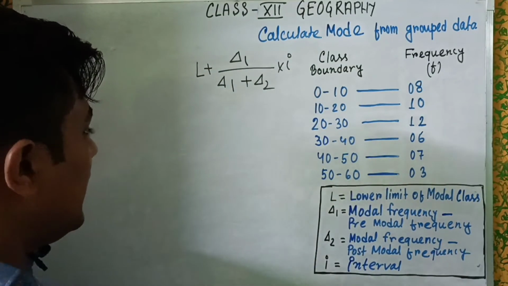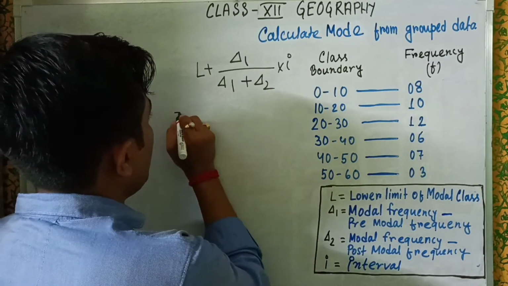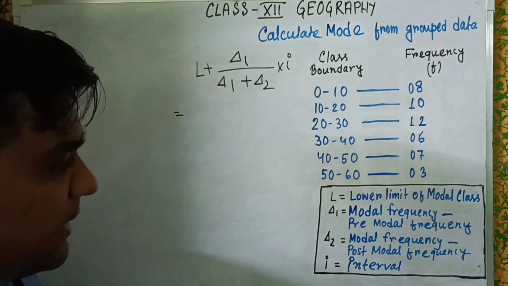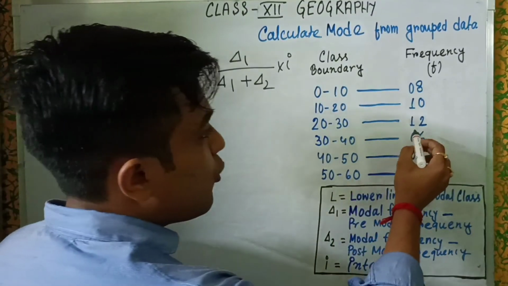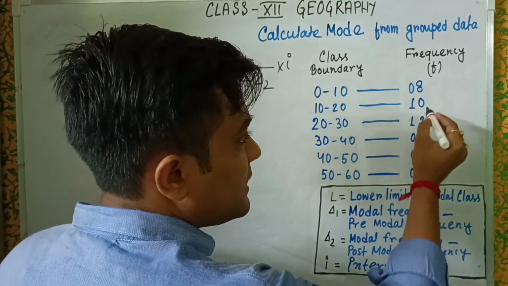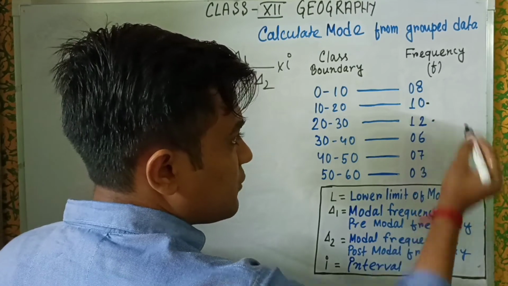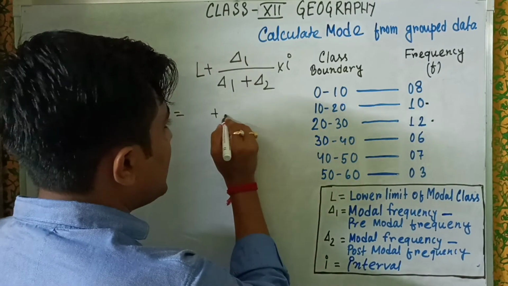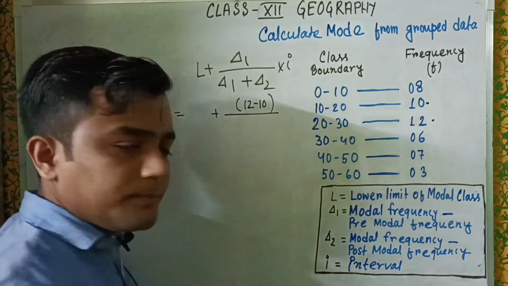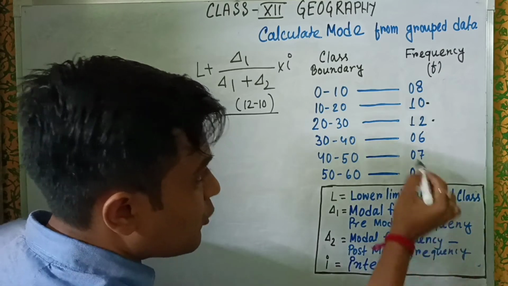Now let's learn how to calculate mode with this formula. Delta 1 means modal frequency minus pre-modal frequency. The pre-modal frequency is this one and the modal frequency is this one, so you write 12 minus 10. Understood? Modal frequency minus pre-modal frequency.